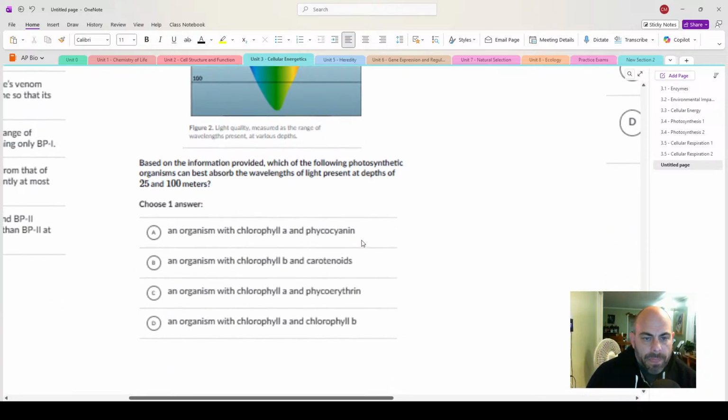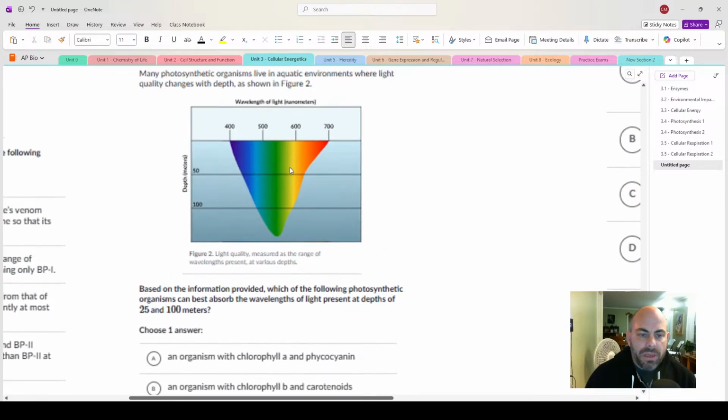Based on the information provided, which of the following photosynthetic organisms can best absorb wavelengths of light present at depths of 25 and 100 meters? Okay, 25 is here. It looks like all visible.